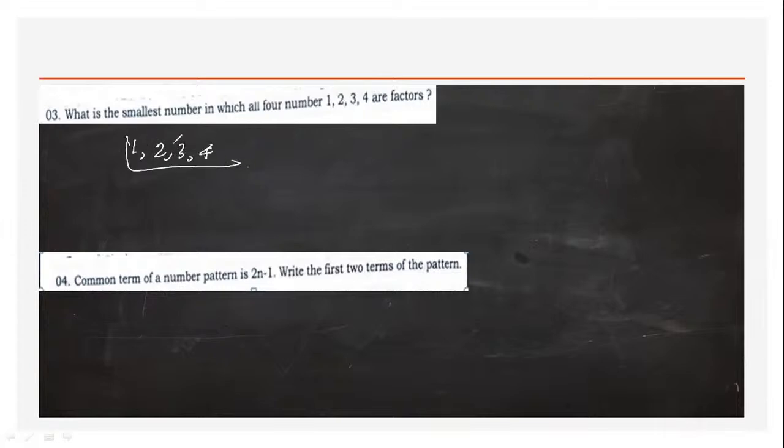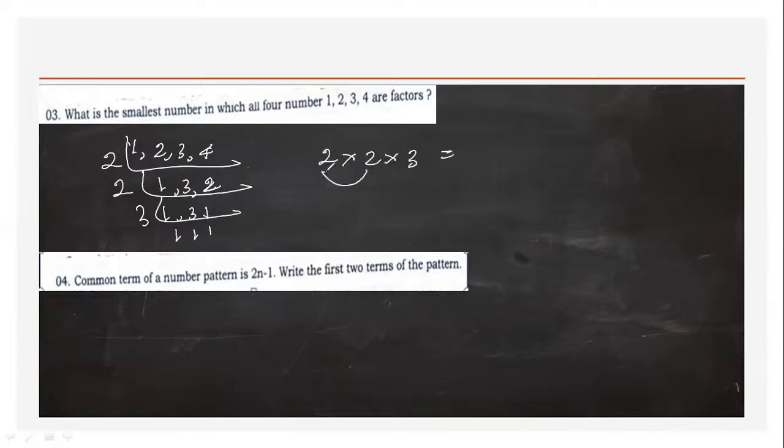First divide by the smallest number here, 2. Then 1, 3, 2. Again divide by 2. Then 1, 3, 1. Divide by 3, and we get 1, 1, 1. So the number is 2 times 2 times 3, that is 4 times 3, which is 12.